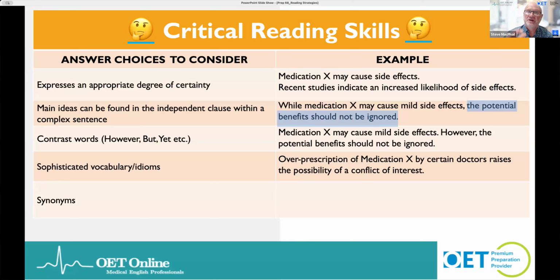Sometimes if you get 4 answer choices and you don't know which one it is, but in answer choice B, there is a formal word that you don't know the meaning of, perhaps the clock is ticking, sometimes you choose answer choices containing sophisticated vocabulary that you don't even know the meaning of, rather than doing, oh, it's A, I think A is wrong, but at least I understand it.